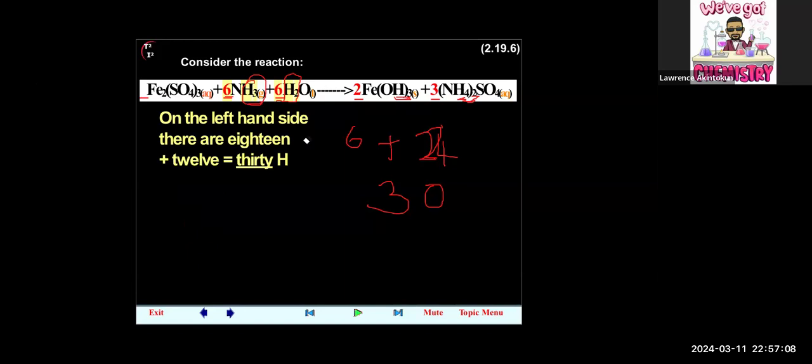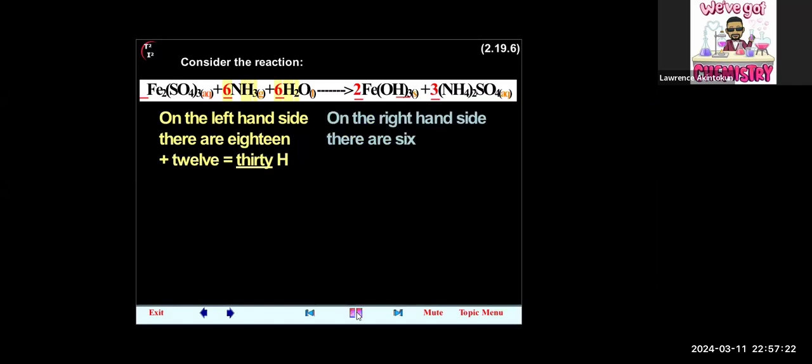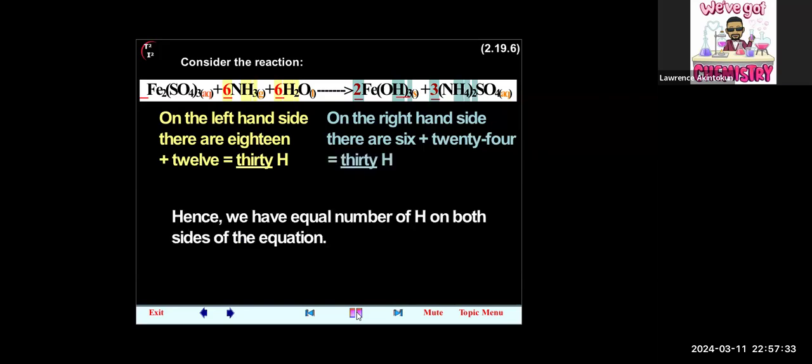All right, let me erase this. On the right-hand side, there are 6 plus 24 equal 30 H. Hence, we have an equal number of H on both sides of the equation.